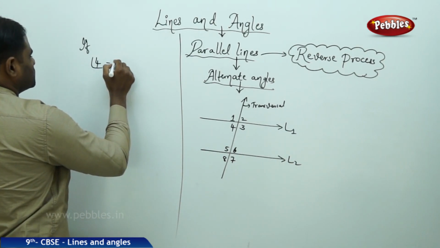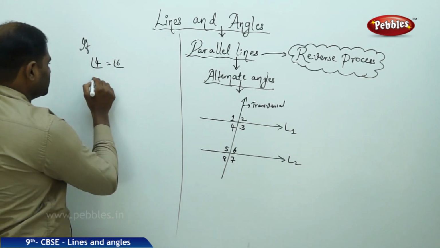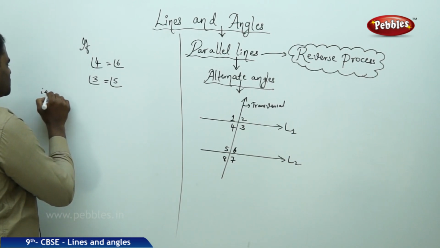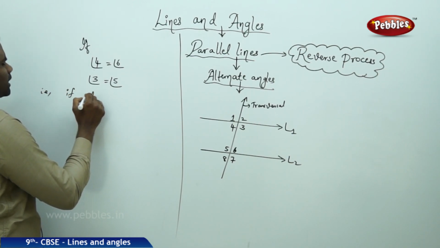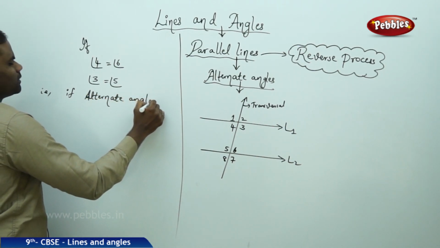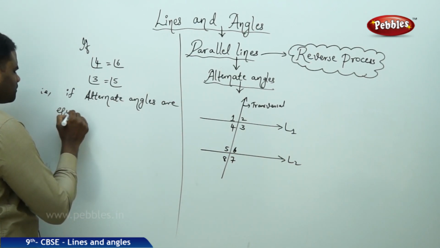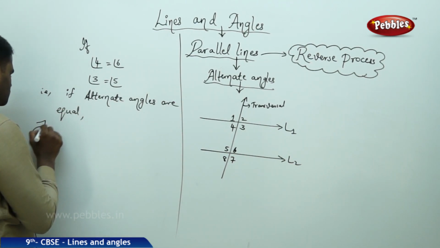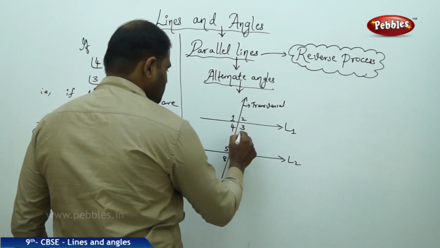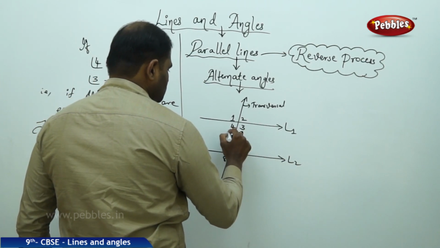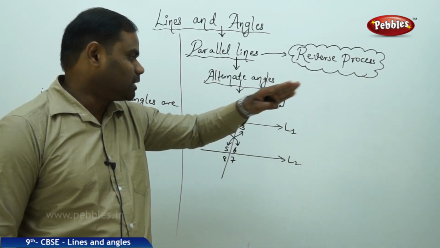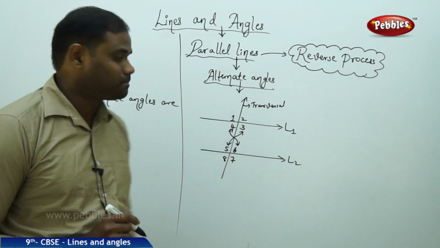If angle 4 equals angle 6 and angle 3 equals angle 5, that is, if alternate angles are equal, then the property says that with the alternate angles being equal, the lines must be parallel. There is no other possibility but that the lines L1 and L2 must be parallel.